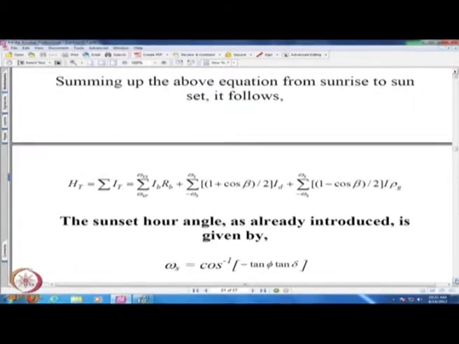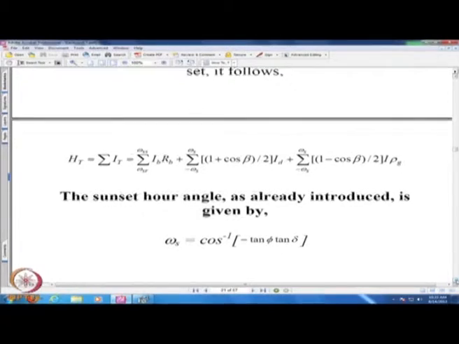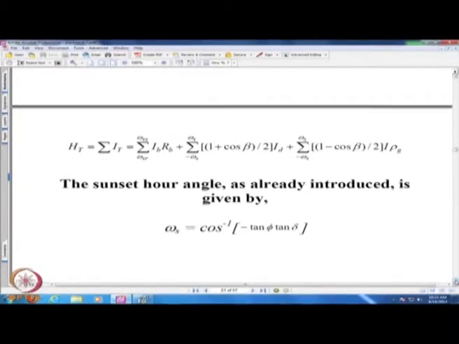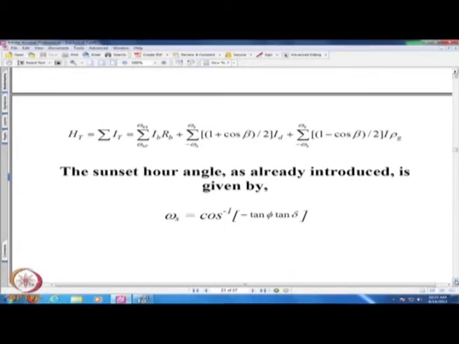We shall come to the evaluation of omega s r and omega s s a little later. There are quite a few issues involved in that, though it is quite simple for a south facing surface, but for non south facing surfaces, owing to the nature of the transcendental equation, multiple routes are possible. Then you may have to have a method to decide which route is the correct route.